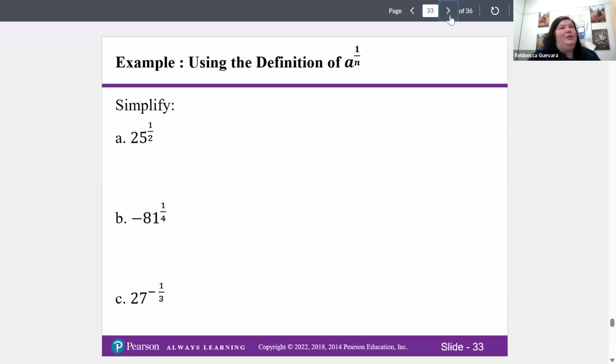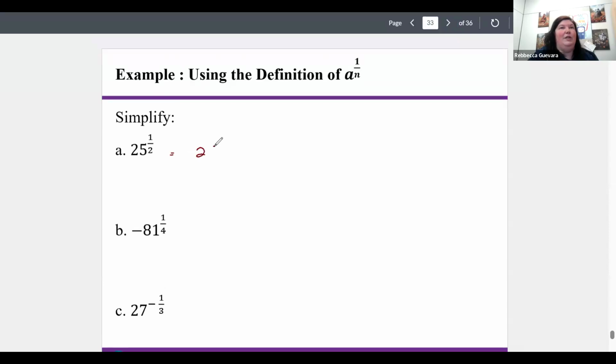If I ask you for 25 to the power of 1/2, well, that is just the second root of 25, or basically the square root of 25, which is just 5. Remember, this negative is not under this 1/4. It's on the outside.